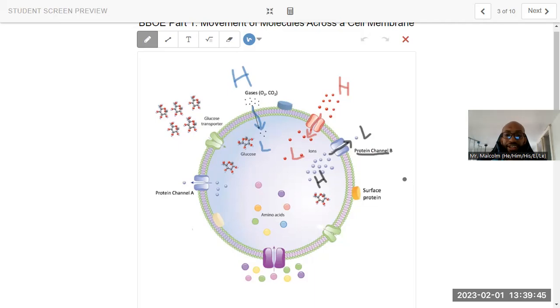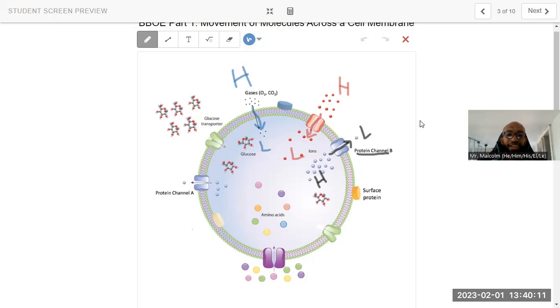The specific way that they go is based upon how many or what concentration it is. It always moves in the same way for the concentration. It moves from a high concentration to a low concentration, whether that means from outside to inside or from inside to outside.